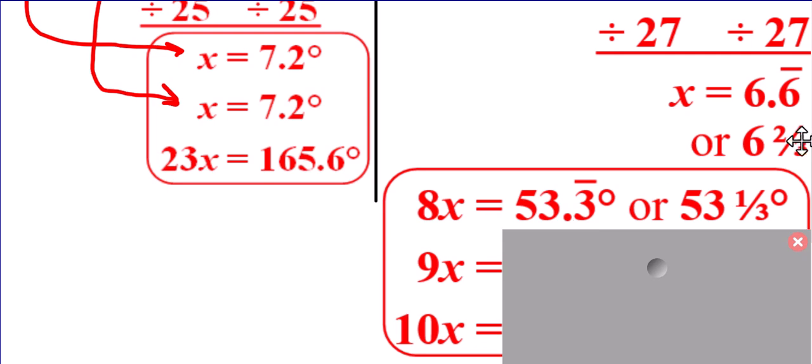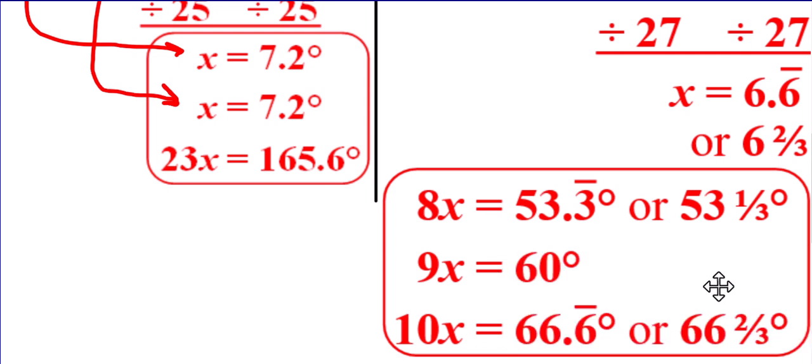So it's much better to use 6 2/3 for your value of x. Here are your 3 answers if you actually did this properly and didn't just type in 6.6 when you multiplied it to 8 and to 9 and to 10. And yes, these 3 measures would add up together to equal 180.